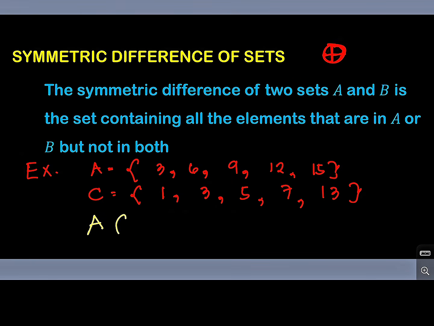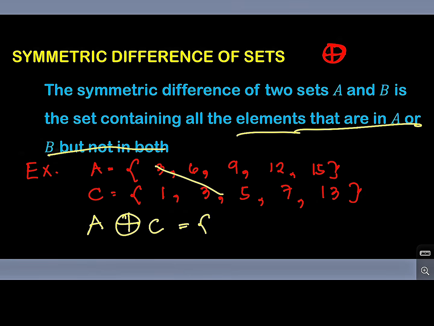Again, we need to remove the common elements, so the symmetric difference of A and set C after removing the common elements, which is 3, only 3.